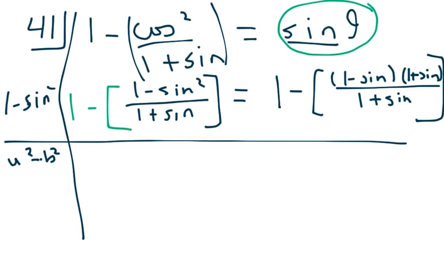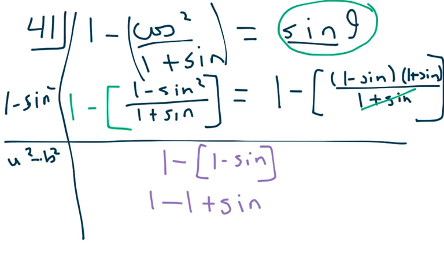Now from here I can simplify and cross these two out. So what I'm left with is 1 minus 1 minus sine, which is 1 minus 1 plus sine, which is 0 plus sine, which gives me sine.